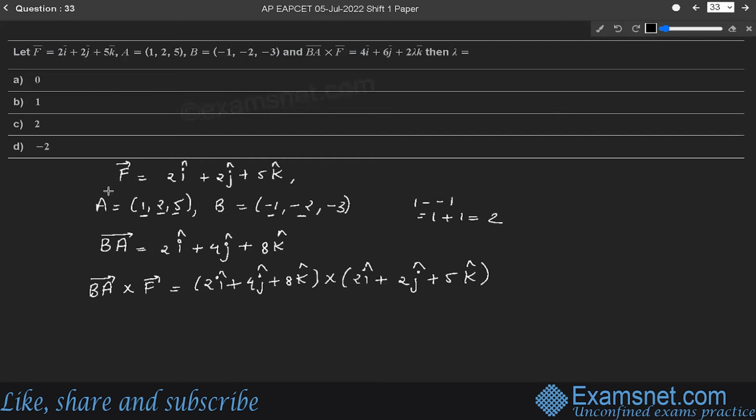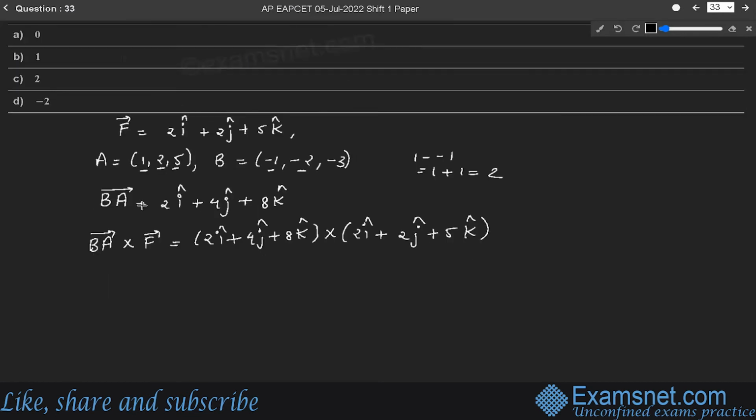I hope up to here it is clear to you. Now what we have to do is write these points in the determinant.